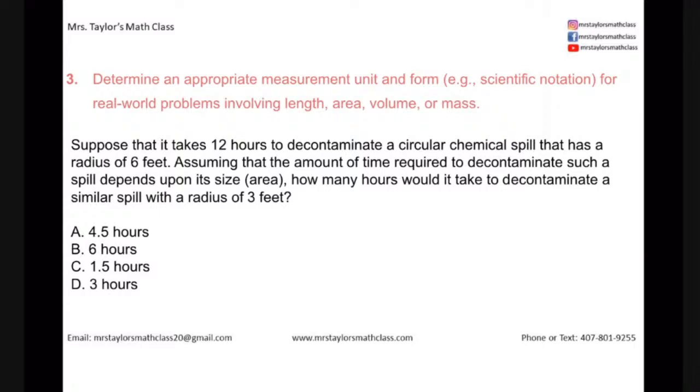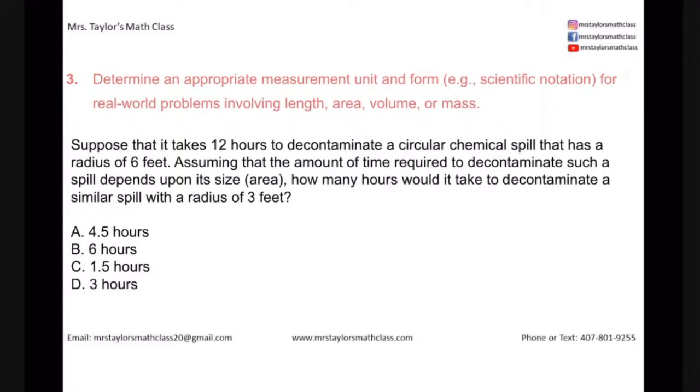Okay, let's go to the third strand. It says determine an appropriate measurement unit and form for real world problems involving length, area, volume, or mass. So suppose that it takes 12 hours to decontaminate a circular chemical spill that has a radius of 6 feet.